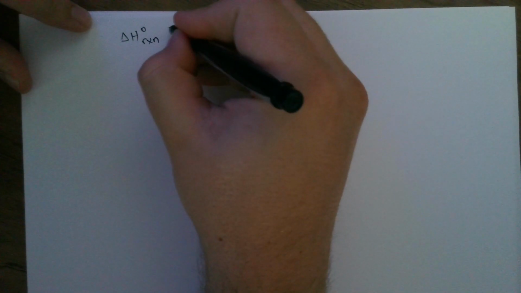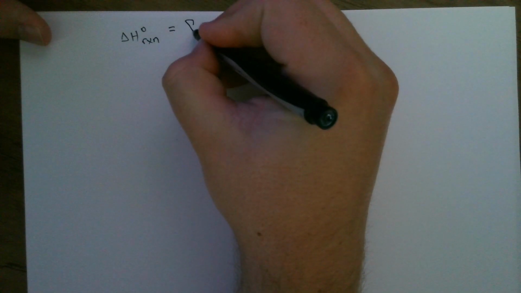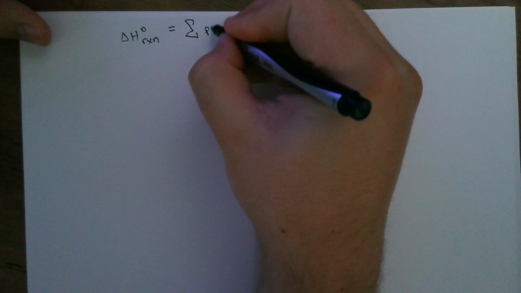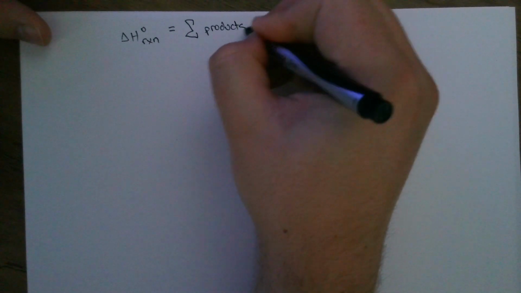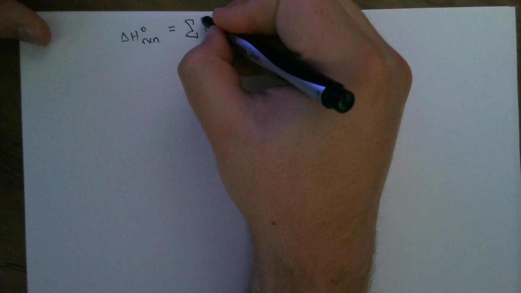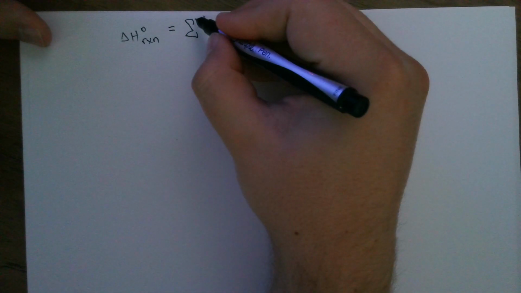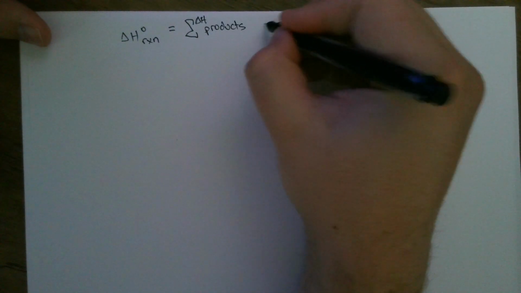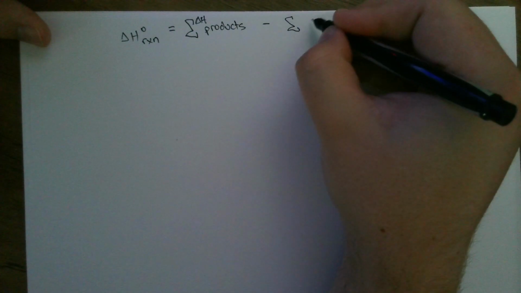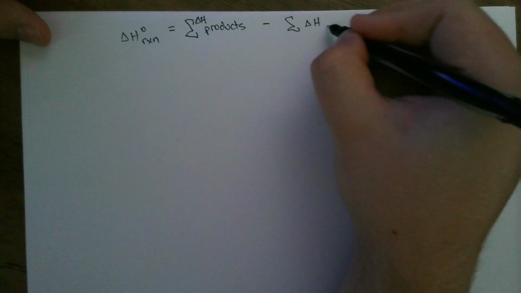The standard enthalpy change for the entire reaction, Rxn stands for reaction, is equal to the sum of the enthalpies of formation of the products, and I should write a little f, minus the sum of the enthalpies of formation of the reactants.